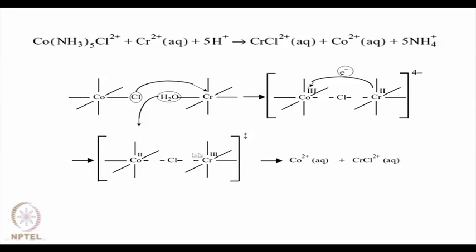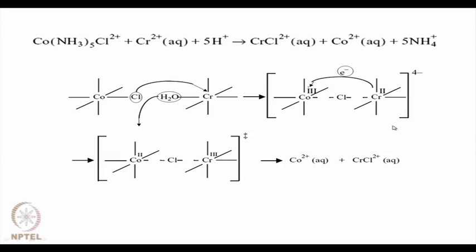So for some time this chloride brings these two entities, cobalt and chromium, into proximity, and then the electron is getting transferred. This is the typical transition state, with chloride as the bridging ligand.